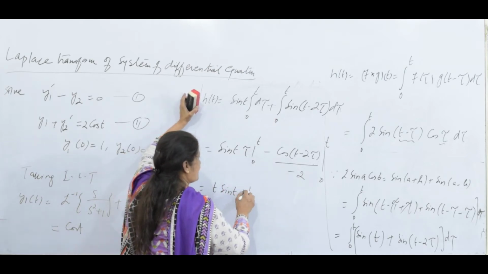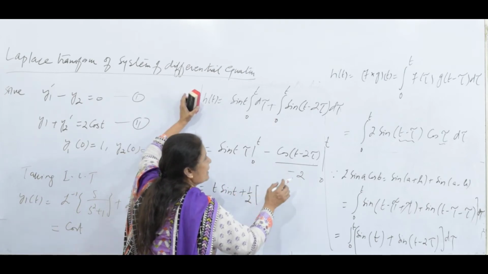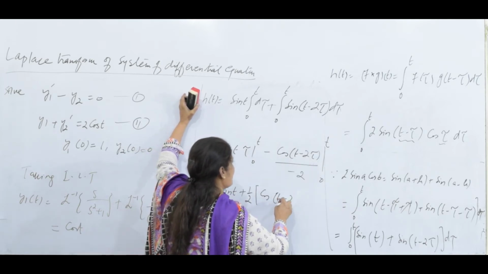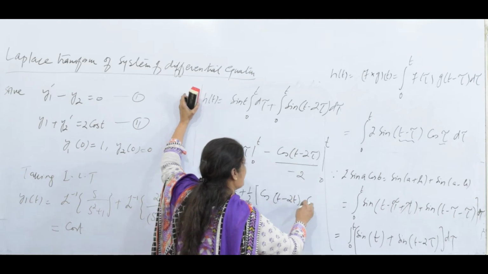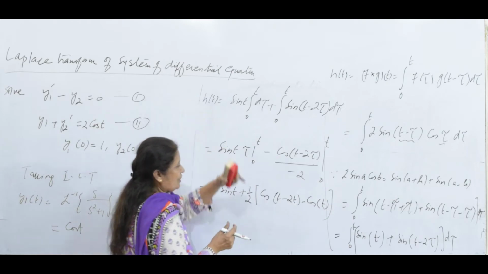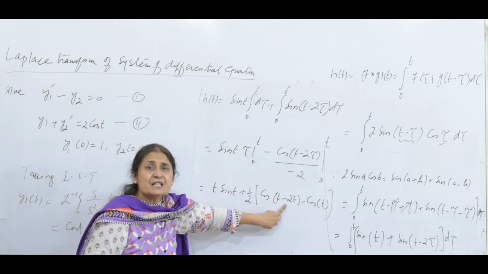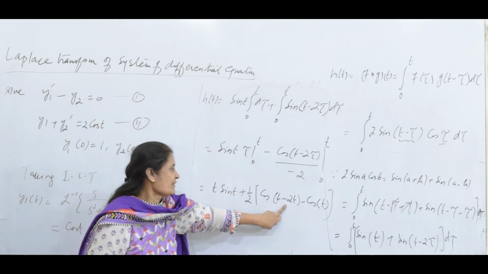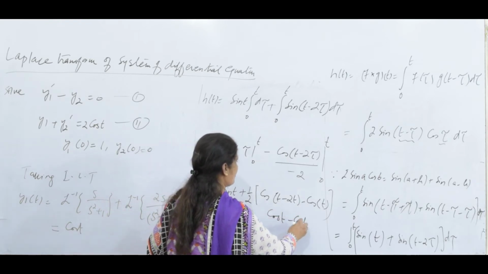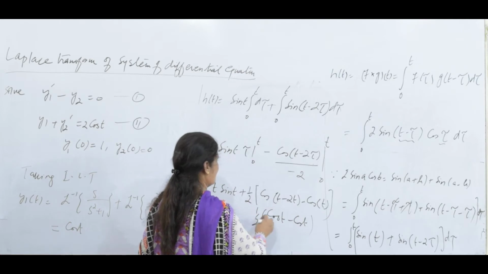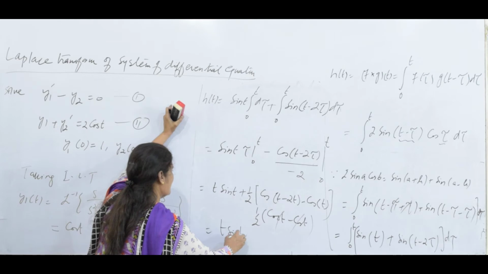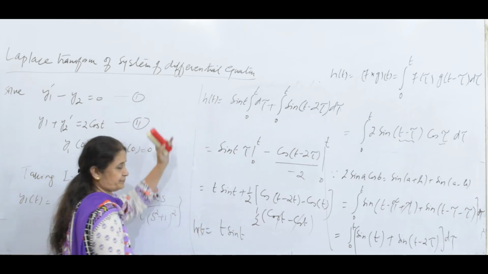Minus minus plus half is there. Tau is replaced by t, cos t minus 2t, minus cos, tau is replaced by 0, cos t. Cos minus t is cos t, and this becomes cos t minus cos t. This is half there, this cancelled. So your answer will be t sin t, that is your h of t.